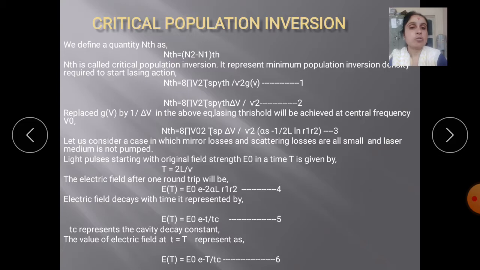At t equal to capital T, E of t is equal to E0 exponential of minus T upon Tc, which is represented as equation 6.